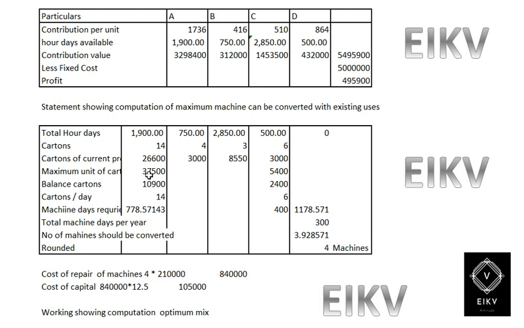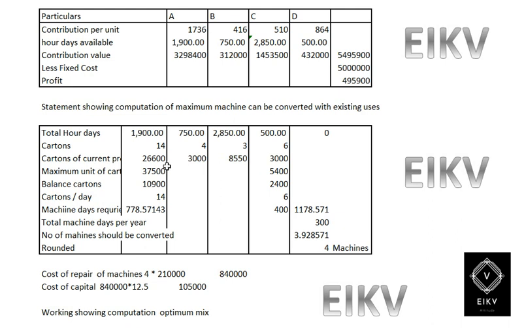When we multiply the hour days with cartons per day per machine, we will get total production. Then we can go for maximum units. In the illustration, it is given that we have a maximum limit for production of each product. For product A it is 37,500, and for product D it is 5,400.